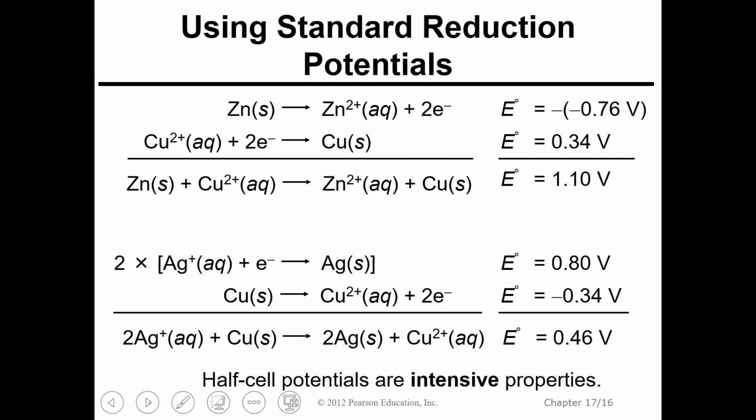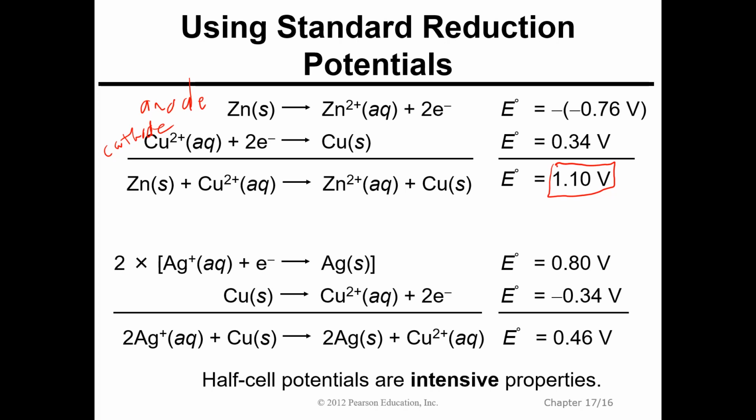So if we look at that exact cell, zinc is acting as our anode, copper is acting as our cathode. So the negative of a negative is a positive. So zinc is positive 0.76 volts. Copper, since it is the cathode, would stay what it's listed as in the table. So we would have positive 0.34 volts. If we add those together, this cell has a potential of 1.10 volts.